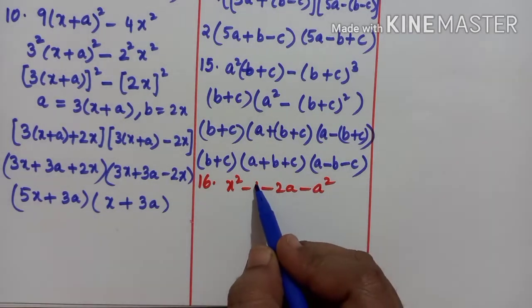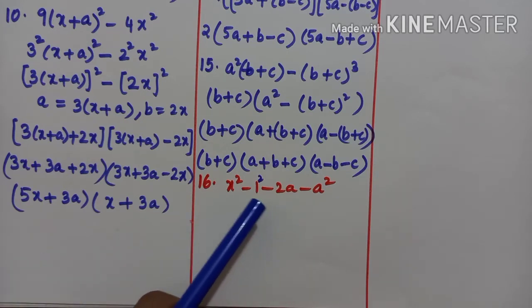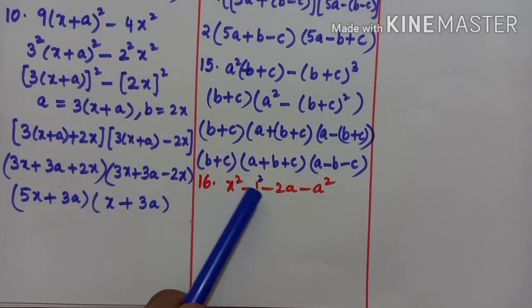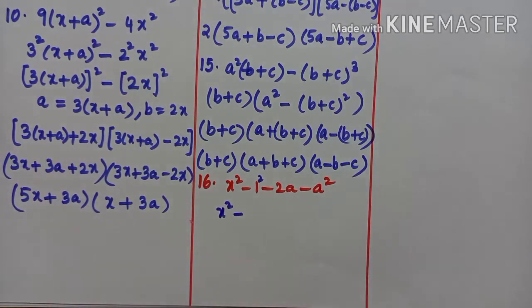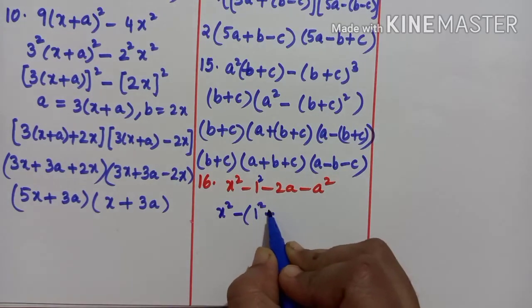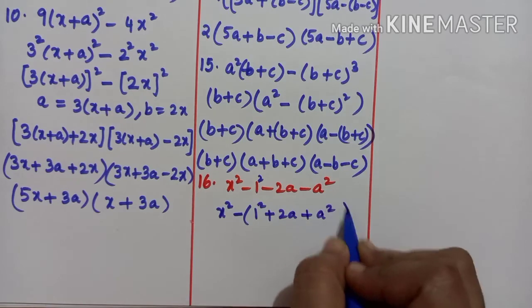See here, this 1 is actually 1 square. Like 1 square will give you 1, or 1 cube, or anything you can write for 1. So if I write 1 as 1 square, then here a square is there, then minus 2a. So let us take minus common from all the three terms. Here x square, if I take minus common, then 1 square plus 2a, then plus a square I'll get.